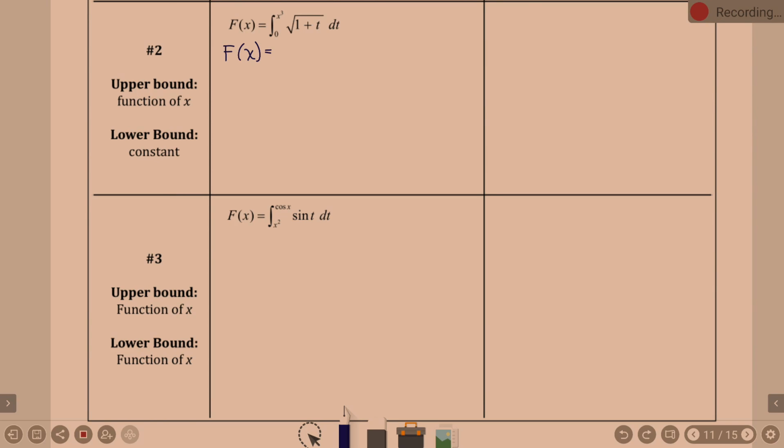Now, square root of 1 plus t can be written as 1 plus t to the 1/2. Yes? Okay.